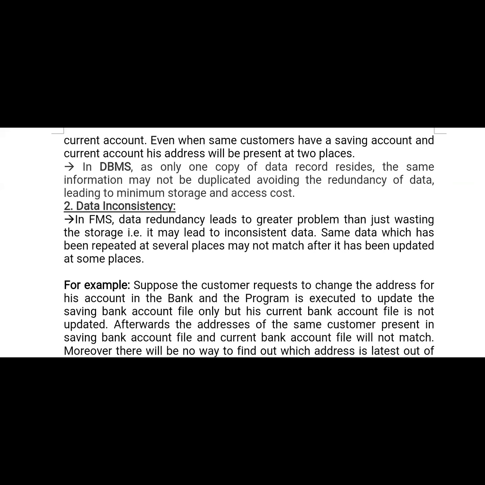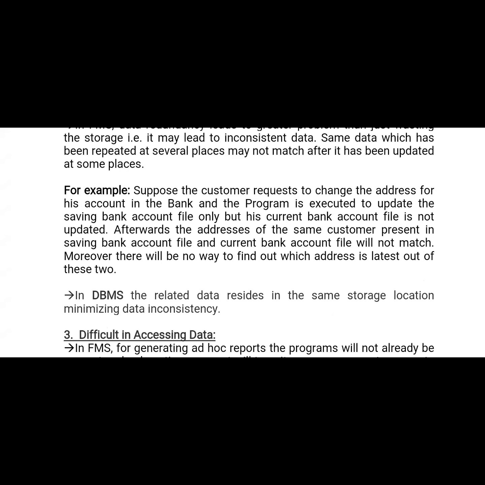The same data repeated in several places may not match after it has been updated in only some places. So when we allow the same type of data in more than one location, we are not able to retrieve according to our requirement. In DBMS, related data resides in the same storage location, minimizing data inconsistency.